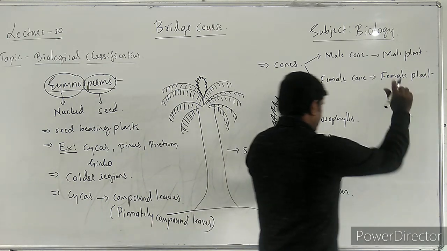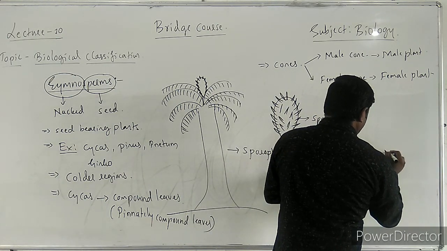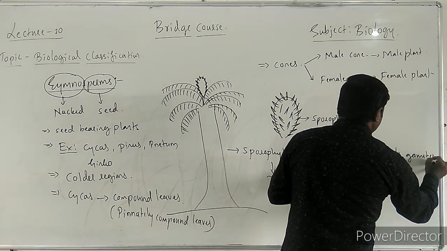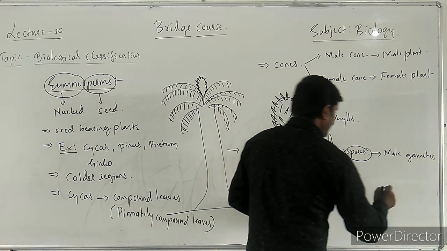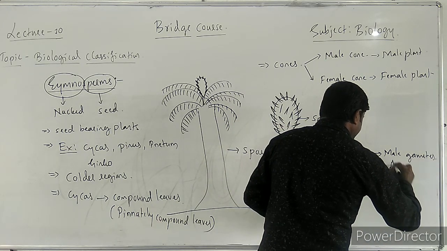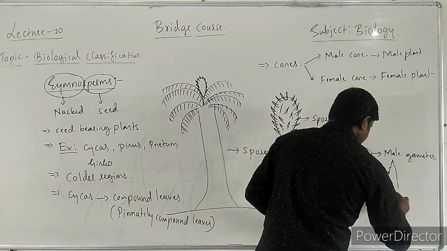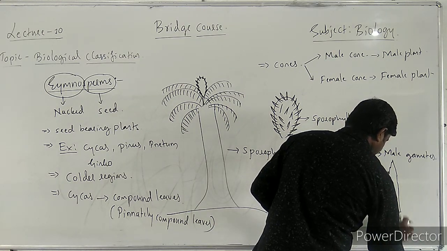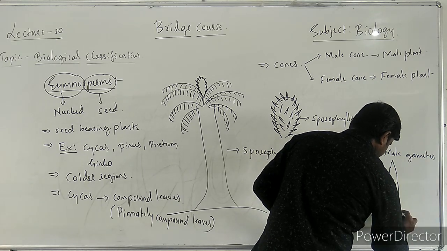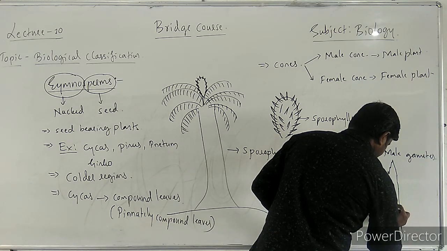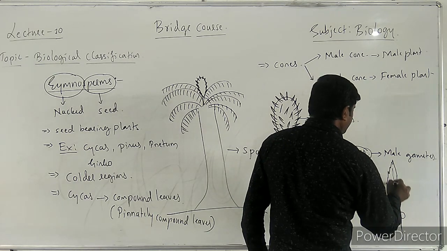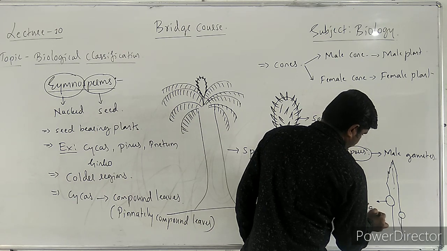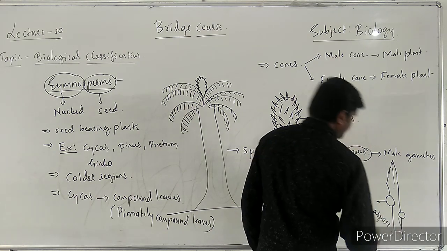So these are usually male gametes. In the same way, the female cone will also be there. This is the female cone which produces the megaspore.